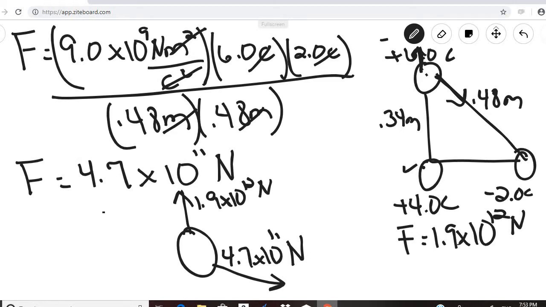We cannot just add them together because they do not point in the same direction. So we need to use trigonometry to be able to add the vectors together.